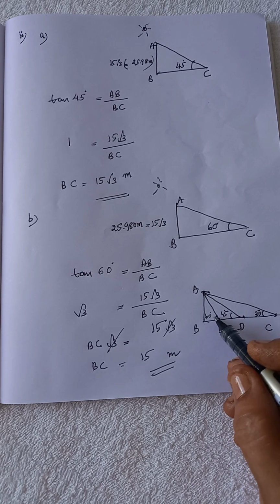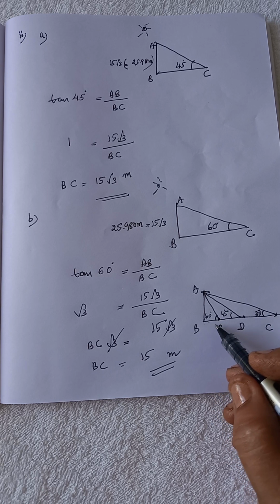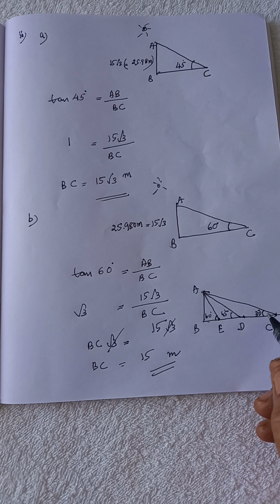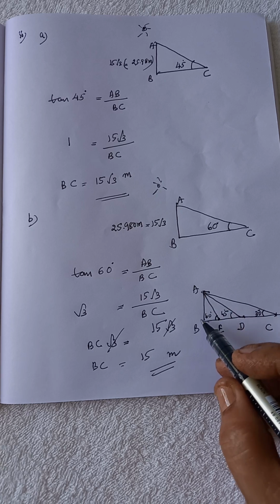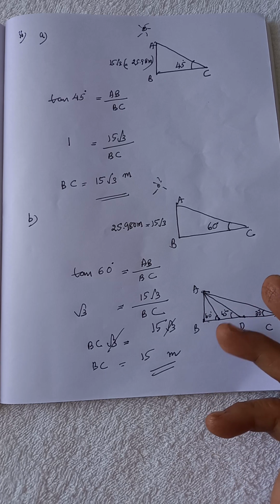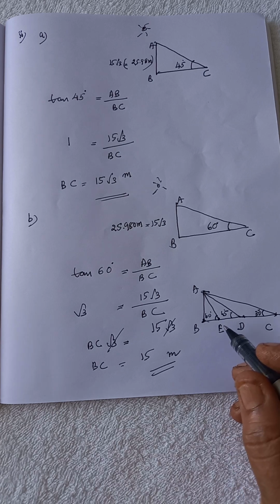Again this angle is 60 degrees more, then length of the shadow will become still more less. So this BE, which is less than BC and BD. When this angle is 90 degree, no shadow will come at all. When we stand below the sun at 12, there is no shadow at all.